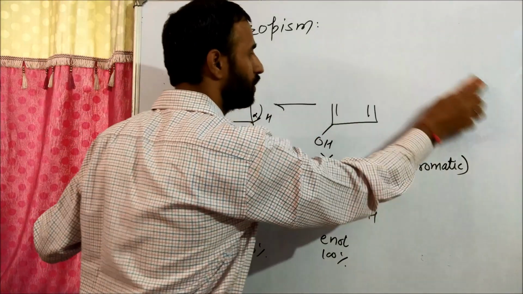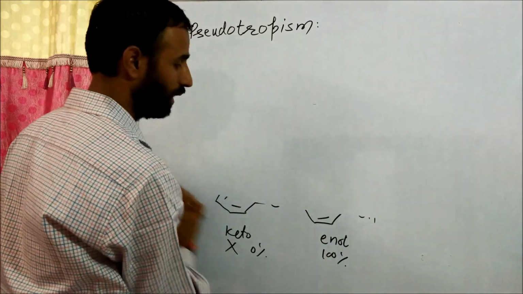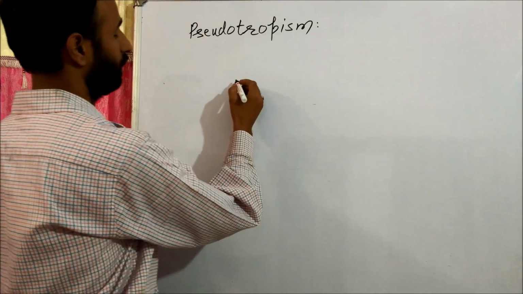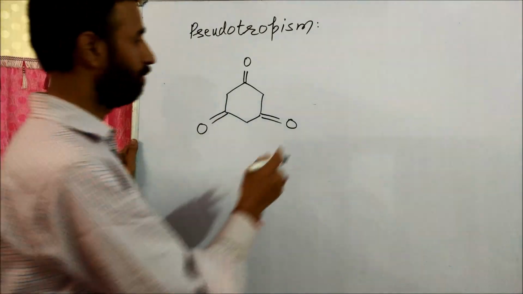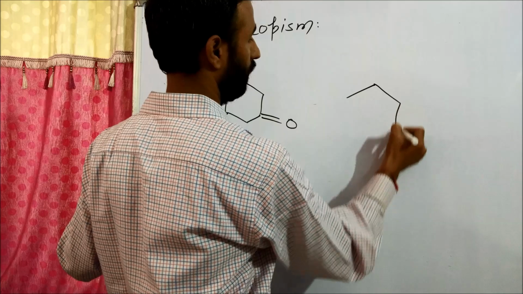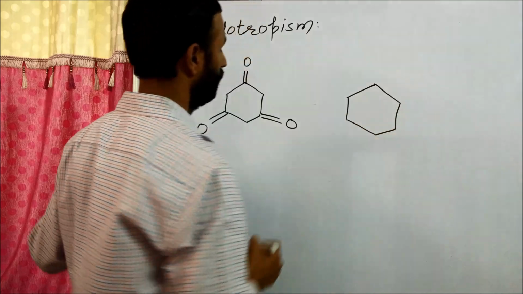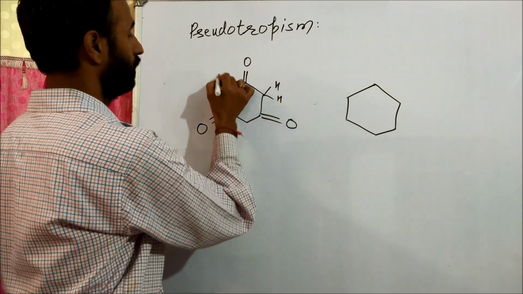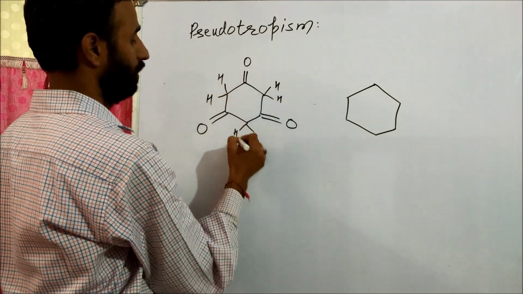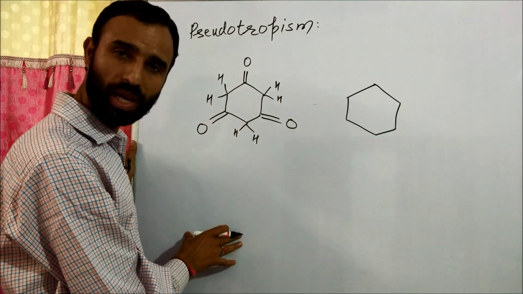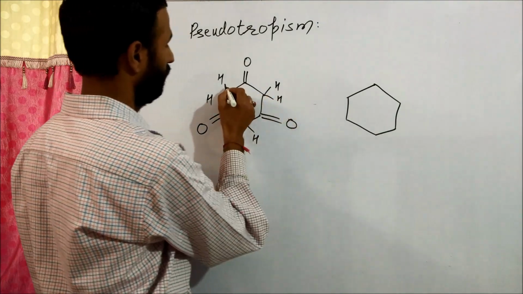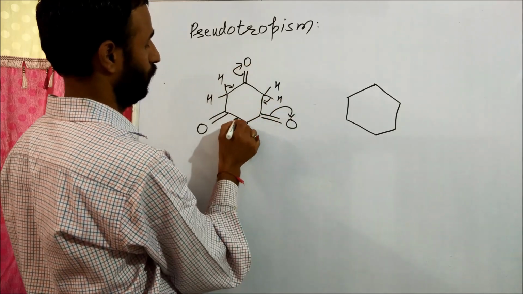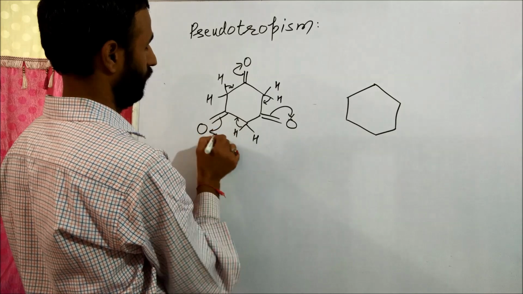And other examples which have only one form, like this molecule, when we form enol form, see these are alpha hydrogens on saturated carbon, so tautomerism is possible. 1, 2, 3.